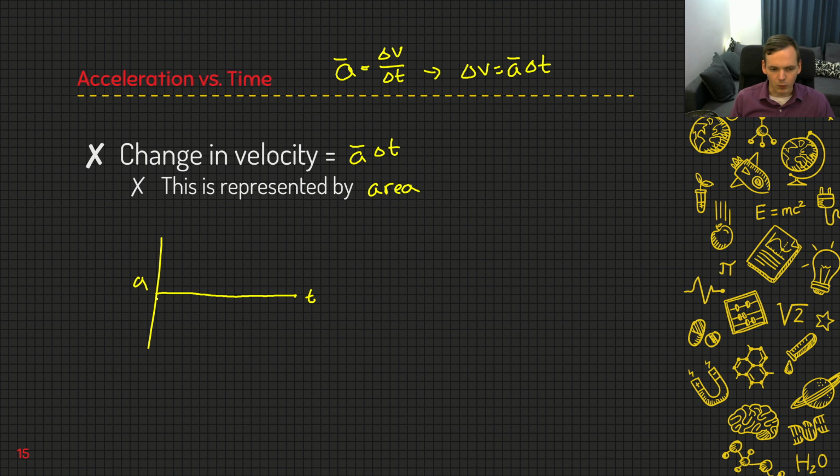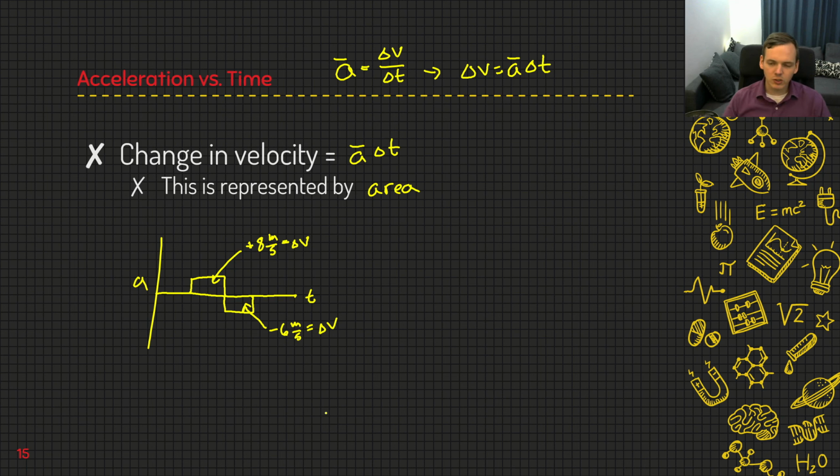So this is an acceleration versus time graph. And I have something like this. Then this area right here is 2 by 4, so that will be plus 8 meters per second as my change in velocity. Here, that's going to be minus 6 meters per second as my change in velocity.